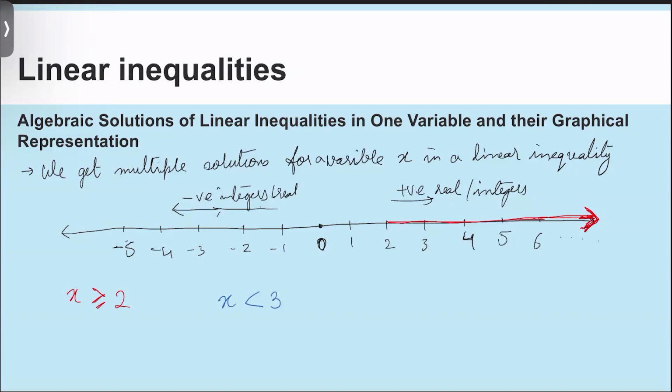You can start a little left of 3, and then you can mark the number line on the left hand side, because when you say x is less than 3, it will also cover all the negative numbers. Okay, so this is how we graphically represent the solutions of a linear inequality.